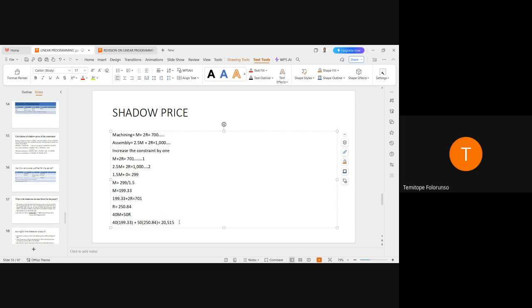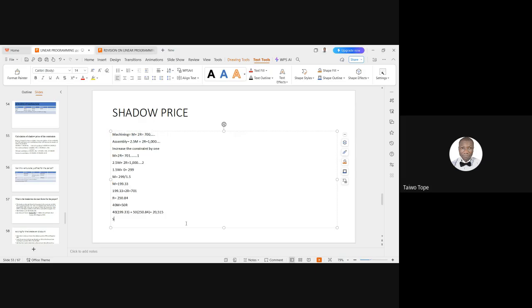20,500. Fine, 20,500. So the result will now be what? The shadow price for machining is now what?